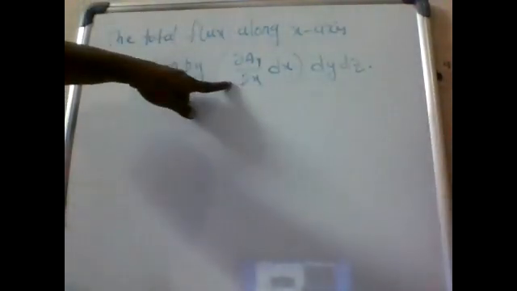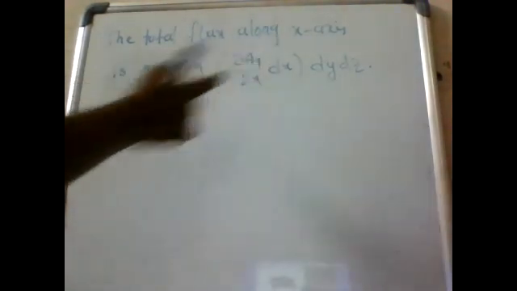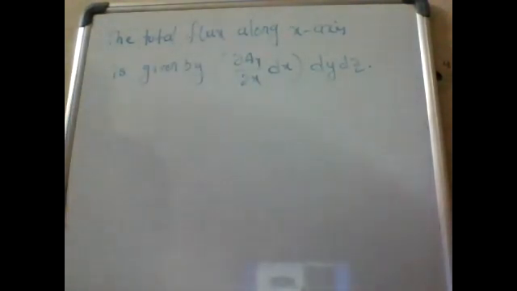Already we have the value, dou A suffix x by dou x into dx, so this value is multiplied with dy into dz. So dy and dz are the dimensions along the y and z directions. The total flux along x-axis is given by dou A suffix x by dou x into dx dy dz.